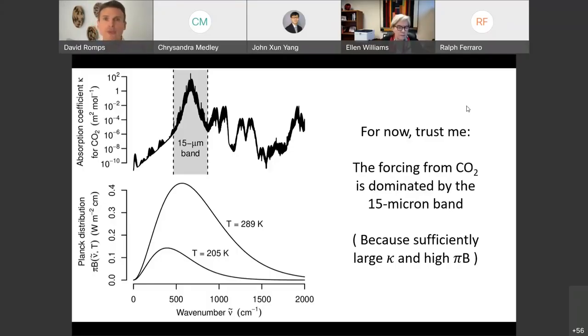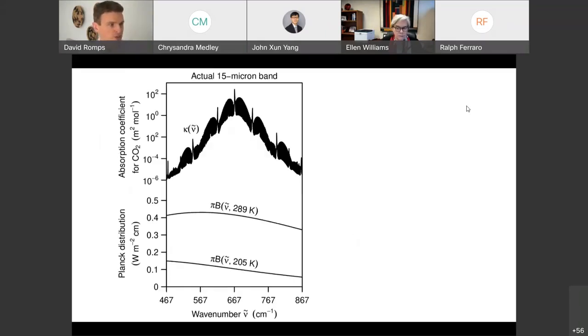So I'm going to just zoom in on that 15 micron band here. I'm going to take these two panels, we're just zooming into the 15 micron band. That's all I've done. So 1 divided by 15 microns is 667 inverse centimeters. So it's right in the middle of this plot. And I've defined somewhat arbitrarily the 15 micron band as being from 467 inverse centimeters to 867 inverse centimeters.